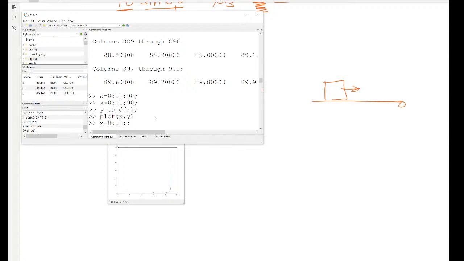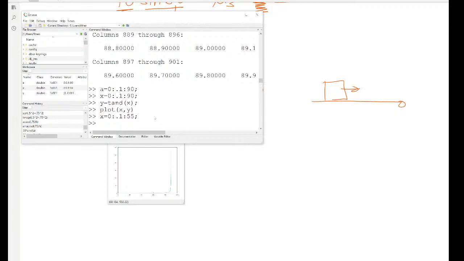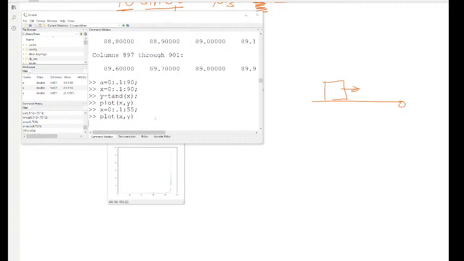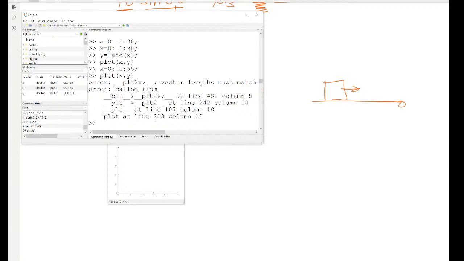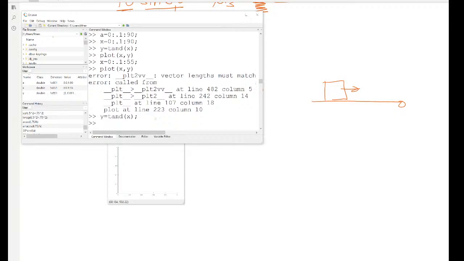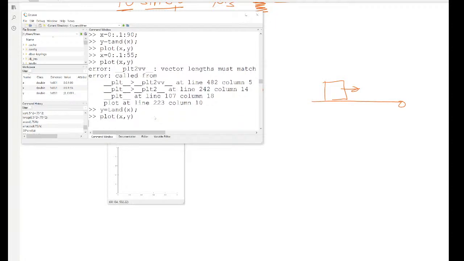How about we go to, reasonably, 55? Hopefully that won't take as long. Oh gosh, yeah. I went to 55, but I've got to do the tangent. Now I've got to do the plots.